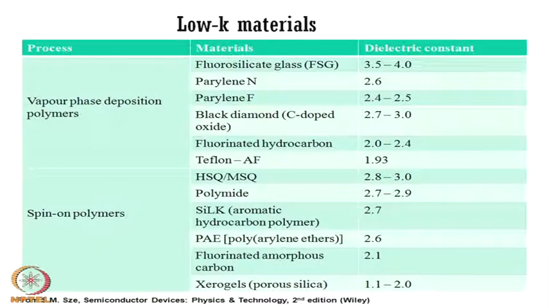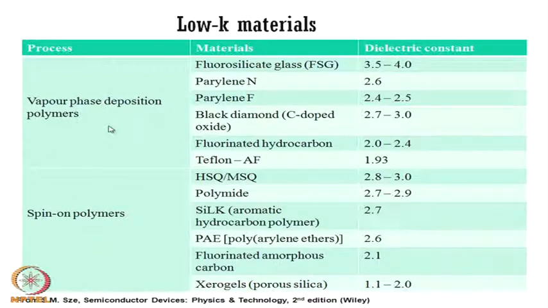In this view graph, we have shown a large number of dielectric materials with low k, and you see that apart from FSG, which is 3.5 to 4, other values are almost less than 3. And it has two types of processes.